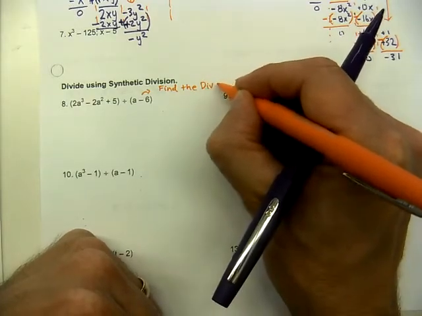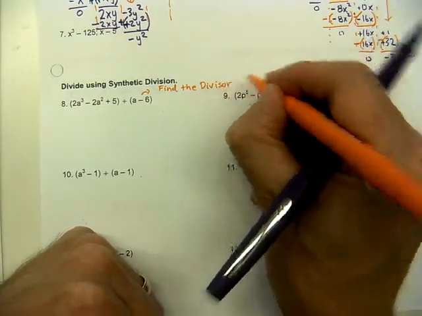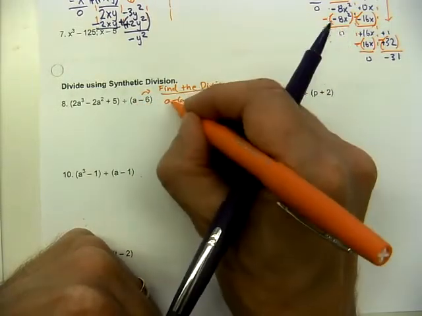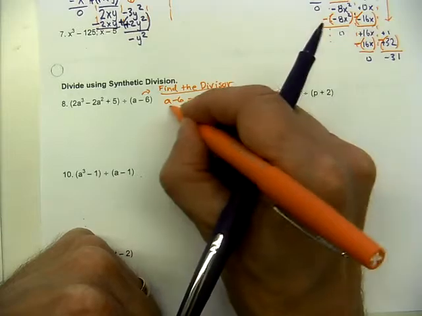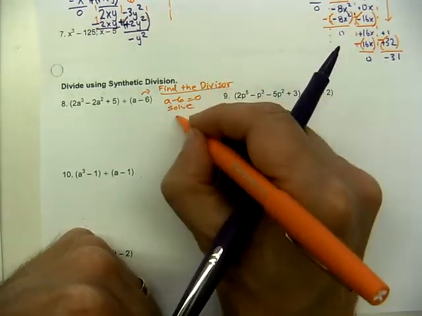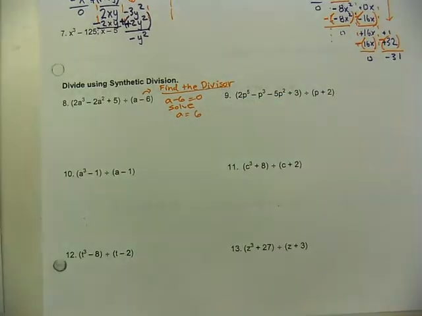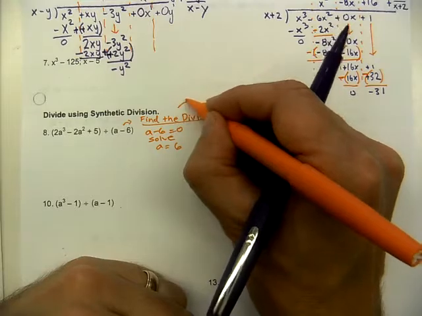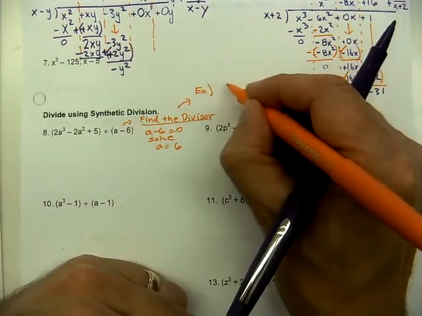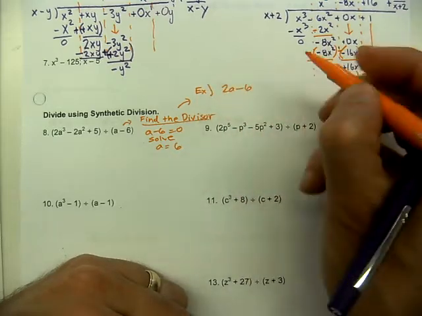So the very first step is to find the divisor, and to do that, we're going to take that divisor as it is given to us, set it equal to 0, and then solve for the variable. So in this case, just add 6 to both sides. So obviously, it's just positive 6. That's our divisor. So just as another example, let's say you had something crazy like a divisor of 2a minus 6.